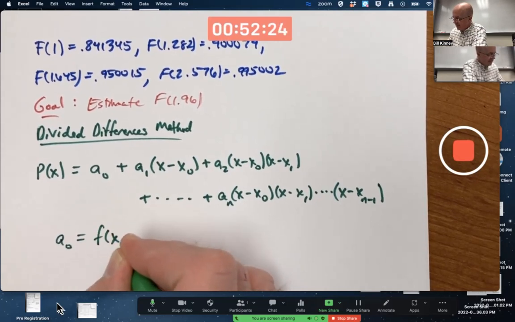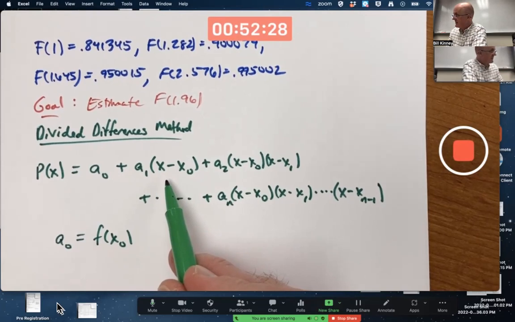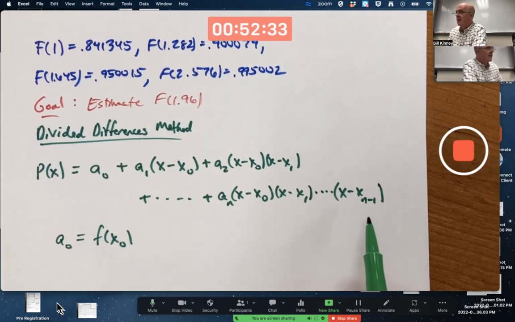That's easy to see. If you replace x with x0, the 0th node, all these other terms go away, right? They're all 0. That's f of x0.